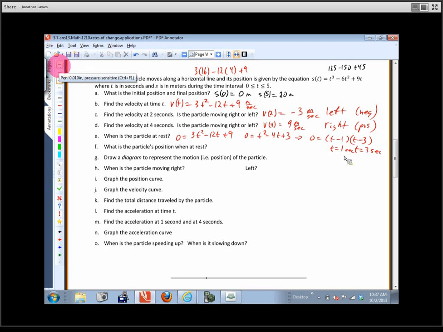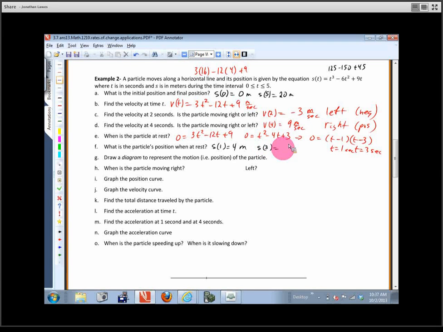It's stopped at 1 second, so we want to know what is s of 1. So we plug in a 1. 4, is that right? What are the units? Meters. And it stopped again at 3, so let's figure out what s of 3 is.